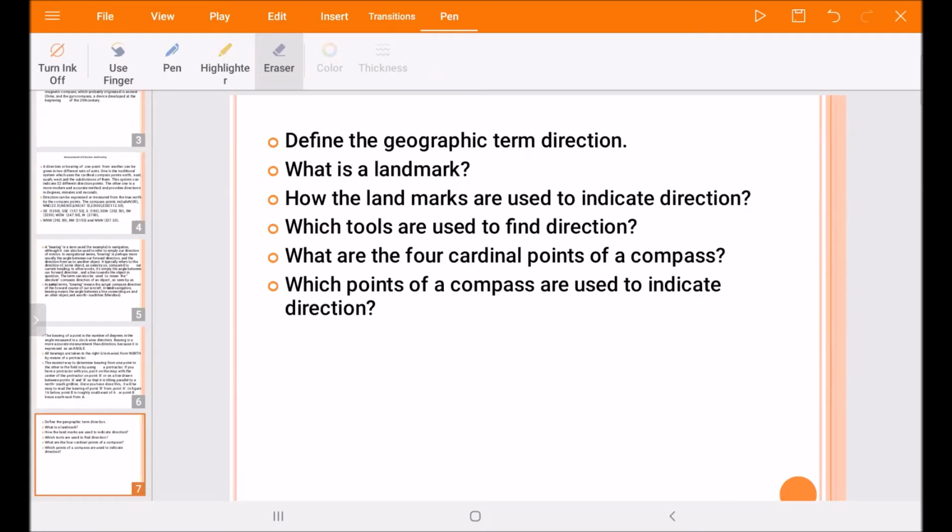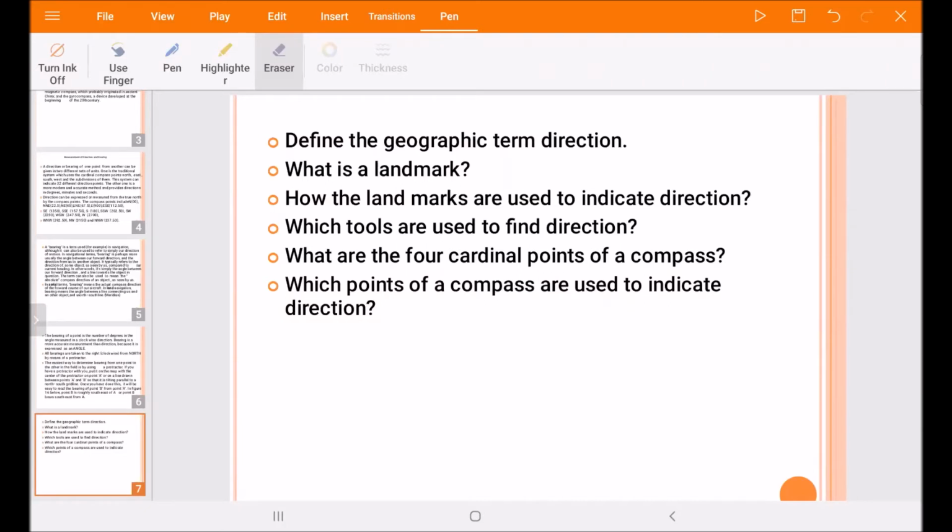Second, what is a landmark? An object that is easily seen from a distance. How are landmarks used to indicate direction? By well-known places or objects easily visible from a distance.